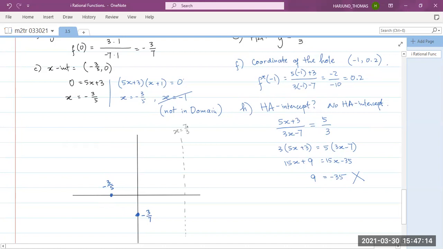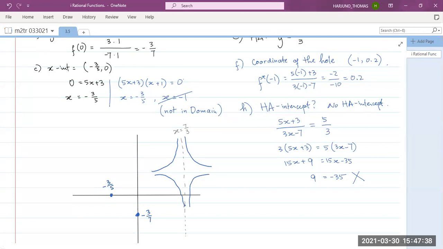For a vertical asymptote, the graph looks like this around it, and that's why you call it a vertical asymptote. It will go to positive infinity or negative infinity around 7/3, but there will be no value y associated to x equals 7/3.